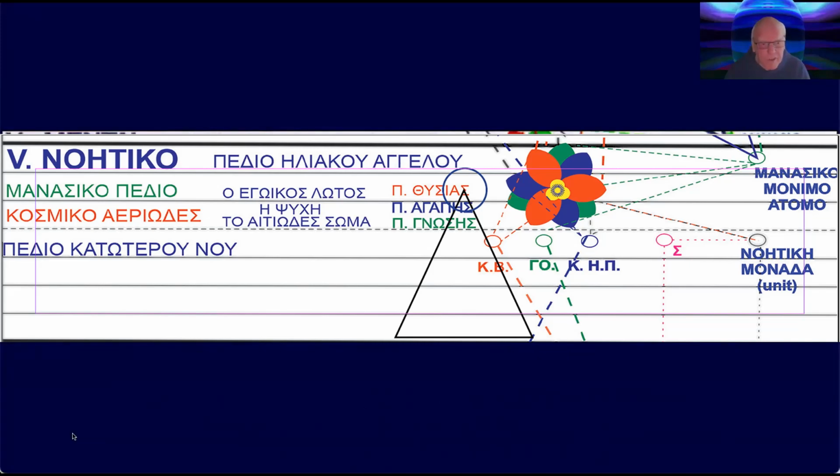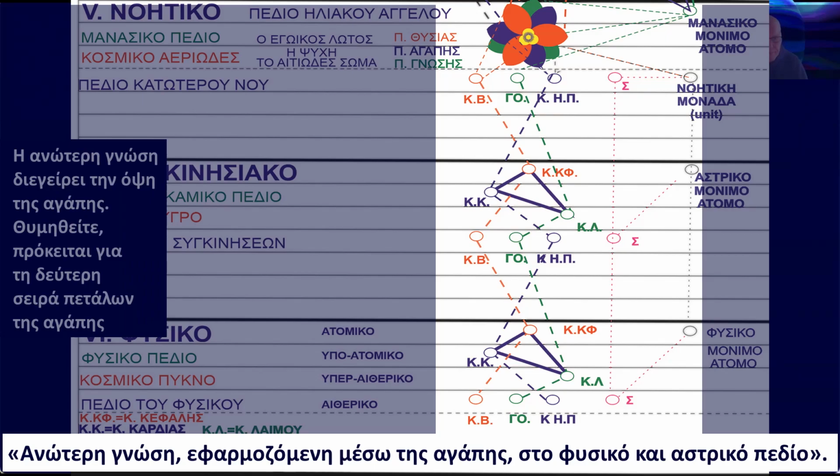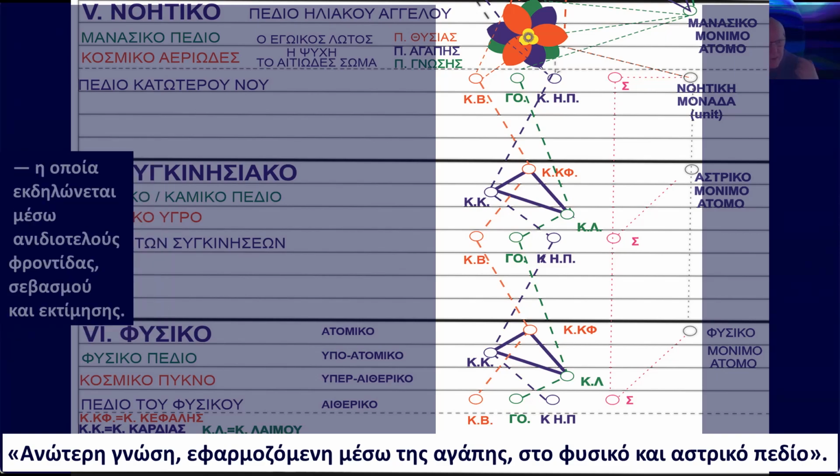DK describes this stage as, quote, "higher knowledge applied through love on the physical and astral planes." Higher knowledge stimulates the love aspect. Remember, this is the second tier, or the love tier of petals, which demonstrates through selfless caring, respect, and regard.